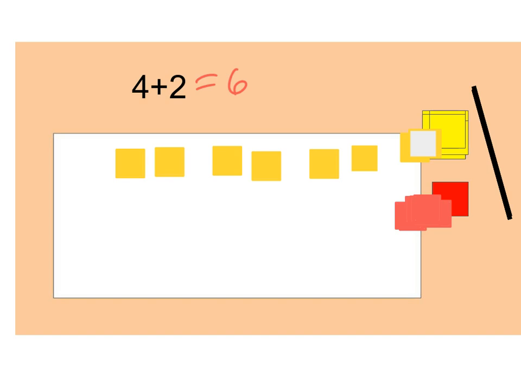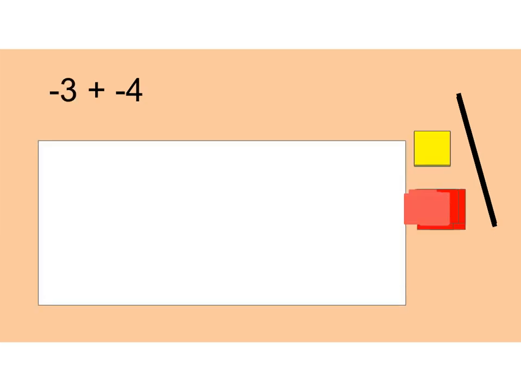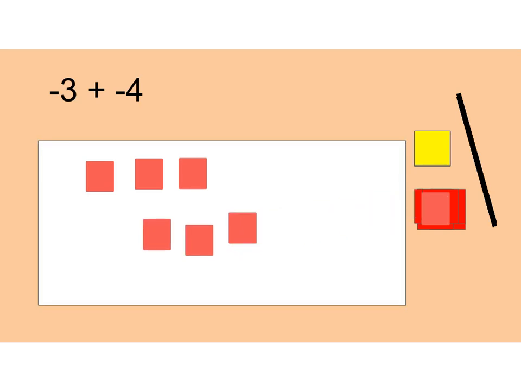So let's take a look at another example. For this example, we're adding -3 plus -4. So this time, they have like signs again, but this time they're both negative. So when we model this, we're going to be using the red tiles, 1, 2, 3 negatives, and 1, 2, 3, 4 negatives. They're all the same color.